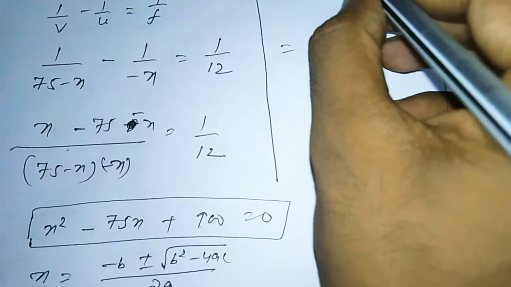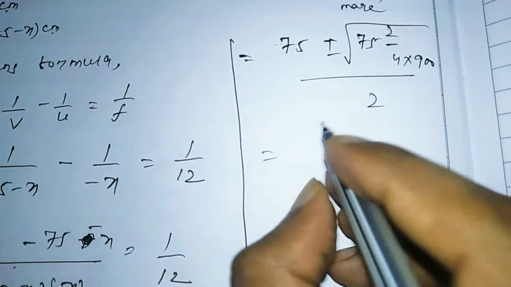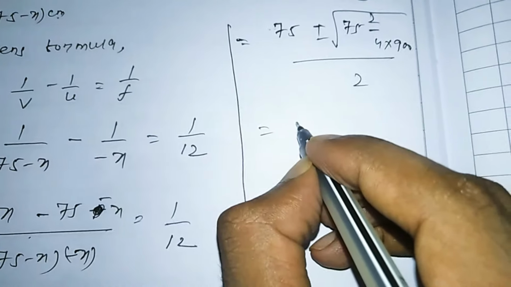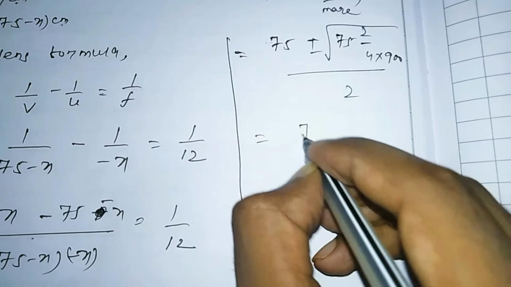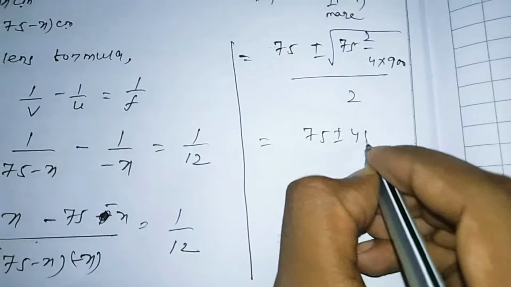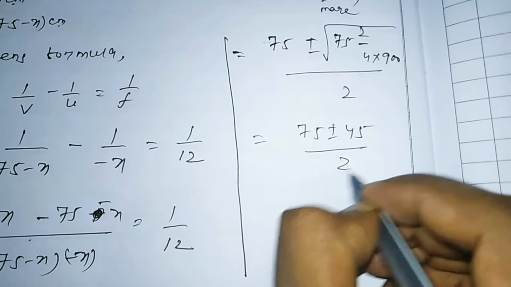Simplifying this, we get x is equal to 75 plus or minus 45 upon 2.